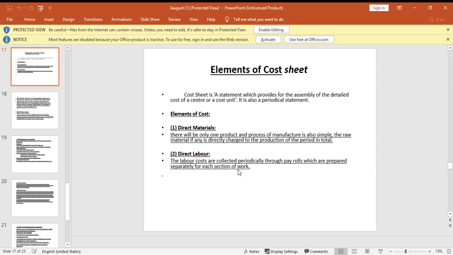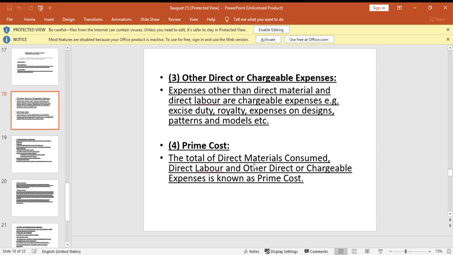And direct labor is where the labor costs are collected periodically through payrolls. Then other direct and chargeable expenses are designs, patterns, and models, etc. Prime cost is the total of direct materials consumed, direct labor, and other direct or chargeable expenses.